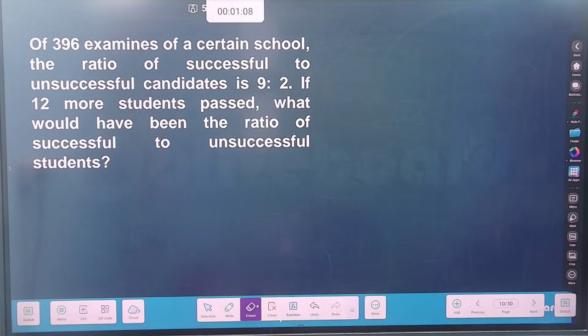Of 396 examinees of a certain school, the ratio of successful to unsuccessful candidates is 9 is to 2.